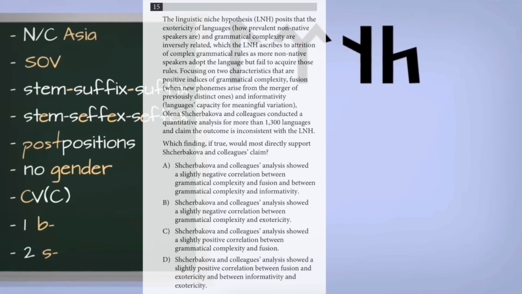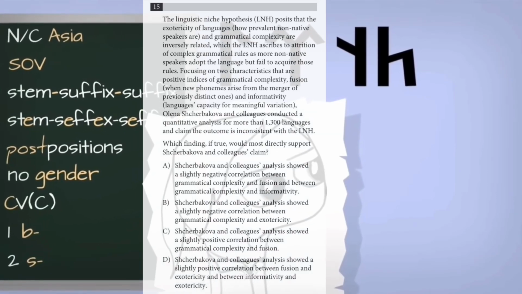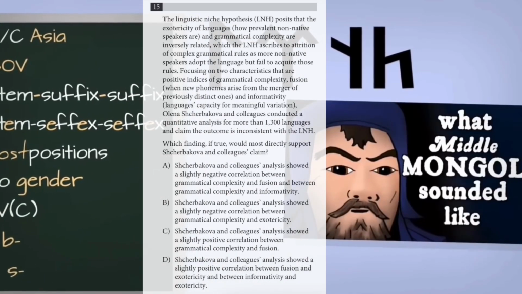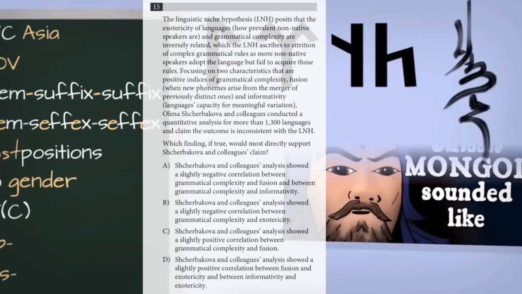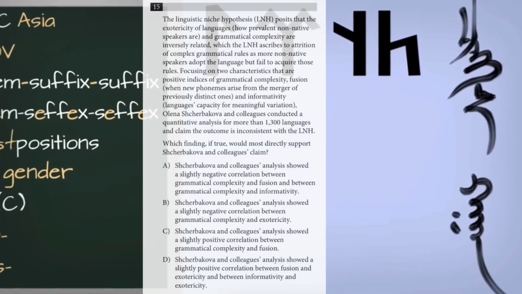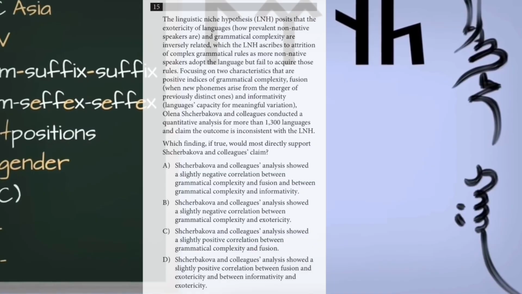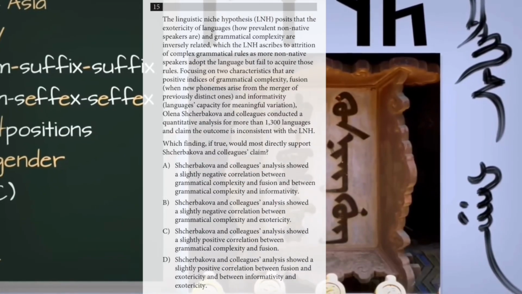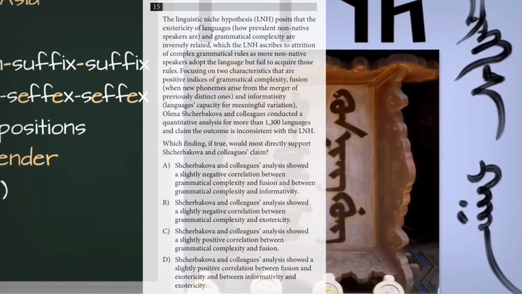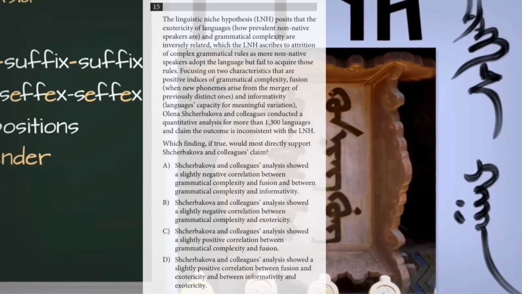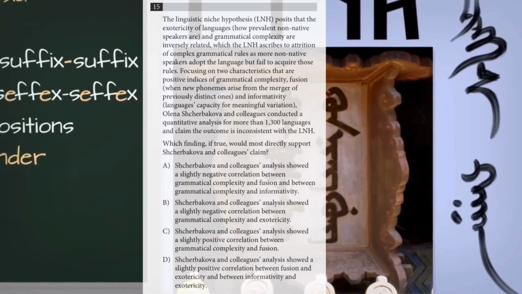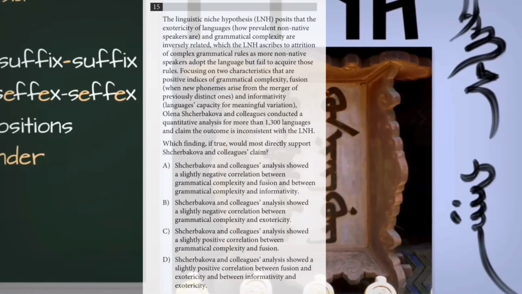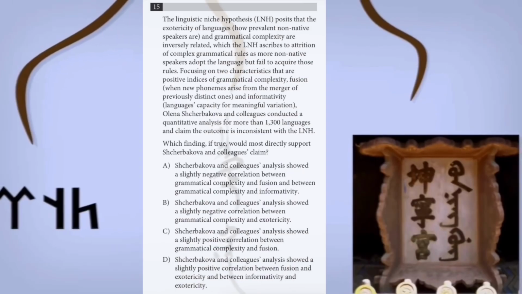A. Shcherbakova and colleagues' analysis showed a slightly negative correlation between grammatical complexity and fusion, and between grammatical complexity and informativity. B. Shcherbakova and colleagues' analysis showed a slightly negative correlation between grammatical complexity and exotericity.